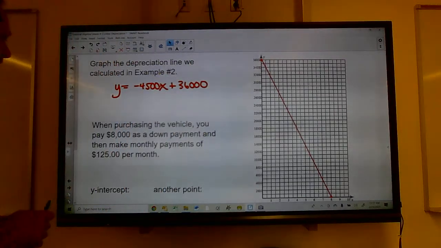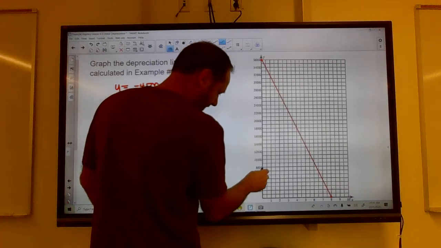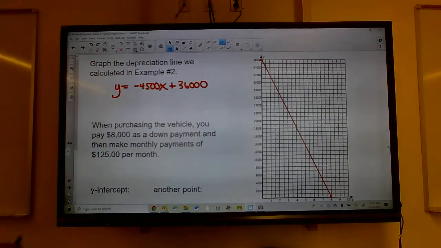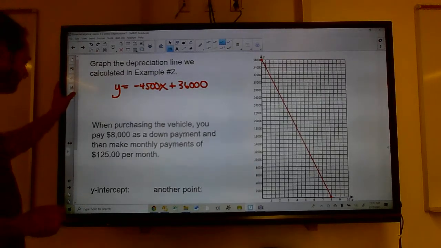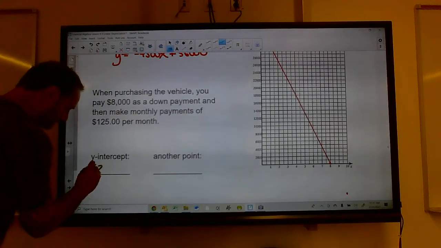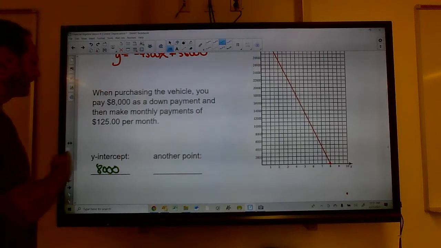Okay, now we purchased the vehicle, we made an $8,000 down payment, so we're going to start at $8,000 right here. And we make monthly payments of $125 per month. So the y-intercept's easy, it's 8,000. We'll worry about another point in a minute.